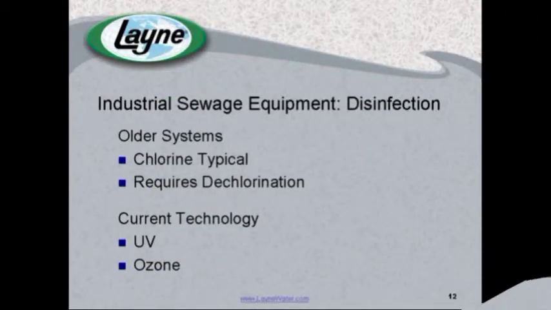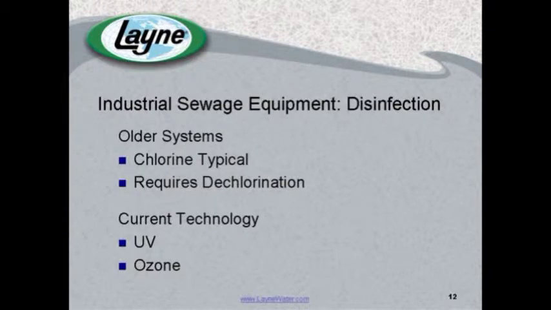Heading out the outfall of that, you're going to have your disinfection step. Traditionally, this has always been one of the chlorine materials, whether it's bleach or chlorine gas. But more recently, you're going to find that people are beginning to favor things such as ultraviolet or ozone treatment processes. That way we don't have to dechlorinate, a little more environmentally friendly at that point.